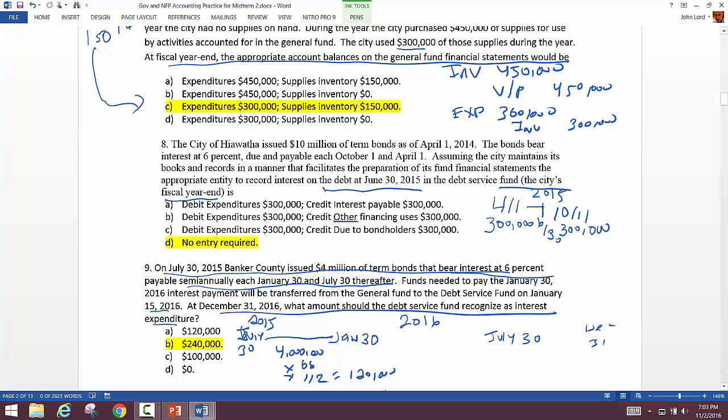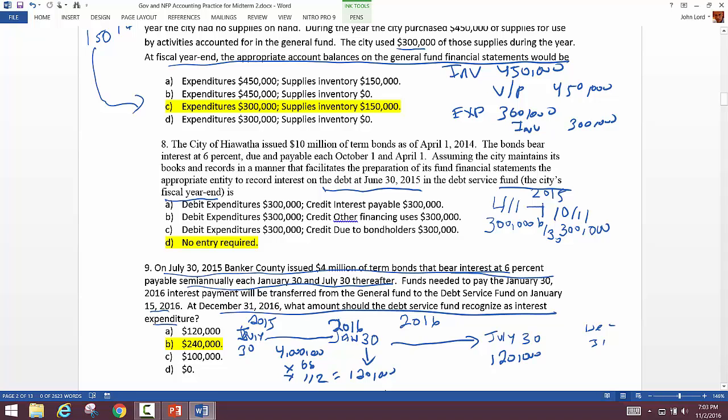So they make that payment during calendar 2016 because it goes from January to December, doesn't it? So there's that 120,000, and then they're going to do the same thing 6 months later on July 30th, aren't they? So they're going to go ahead and do another 120,000, right?